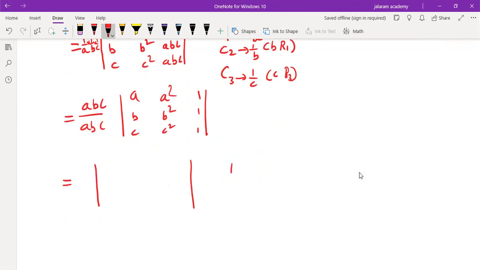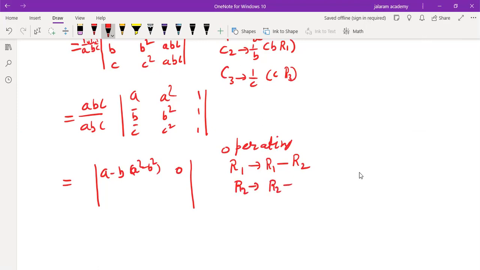And now to bring zeros, we operate R1 as R1 minus R2. A minus B will be there. Then A square minus B square, we know its factors are A plus B, A minus B. And 1 minus 1 is 0. Again, operating R2 as R2 minus R3, B minus C will be there, then B square minus C square, and 1 minus 1 is 0.